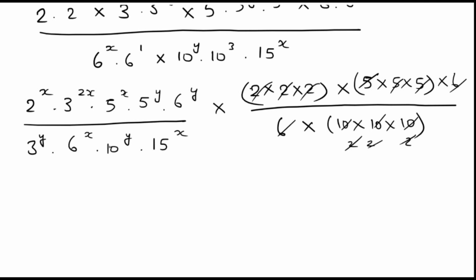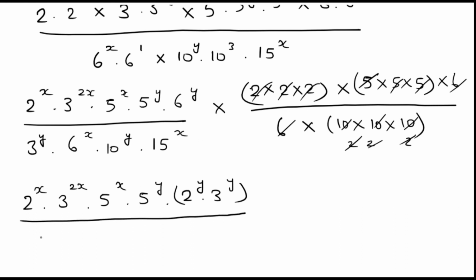Now here, all these terms, I am taking the base as either 2 or 3 or 5. So this is 2 to the power x into 3 to the power 2x into 5 to the power x into 5 to the power y. This one I am writing as 2 to the power y into 3 to the power y, which is nothing but 6 to the power y.